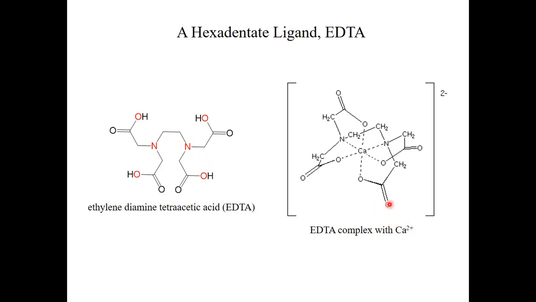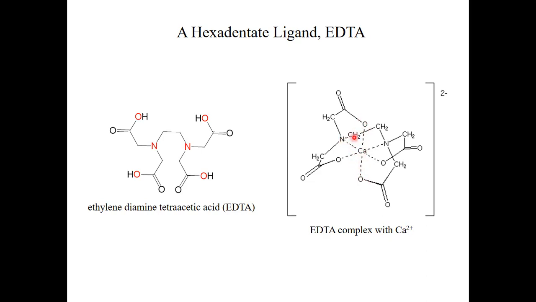So here is illustrated an EDTA complex with calcium 2 plus, and you see that calcium is coordinated by this ligand in an octahedral fashion. So you see here, there are these 2 oxygens that are standing in trans position.